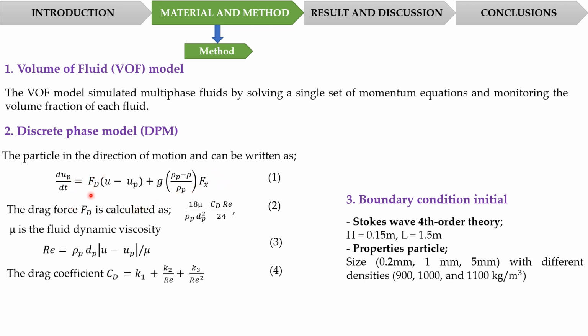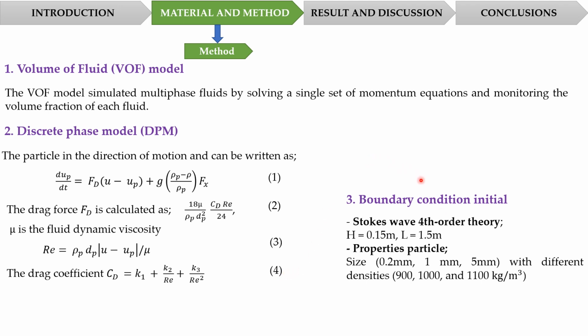We can define FD by equation 2. In equation 2, mu is the fluid dynamic viscosity, and Re is the Reynolds number, which we can define by equation 3. Beside this, the drag coefficient we can define by equation 4.